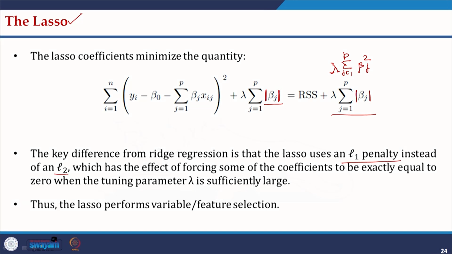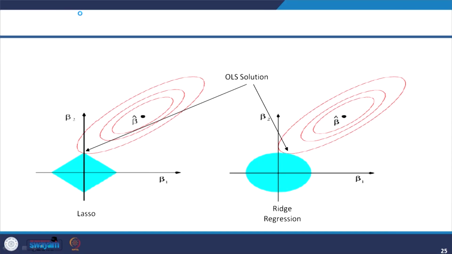Sparse means some of the betas will be 0, and geometrically you can see it like this. This is the ridge solution, which is not 0: beta 1 and beta 2 are both non-zero. Whereas in case of Lasso, where I have the L1 penalty, the optimal solution will come here, and you can see beta 1 is 0 and beta 2 has some non-zero value. So, here I have sparsity.